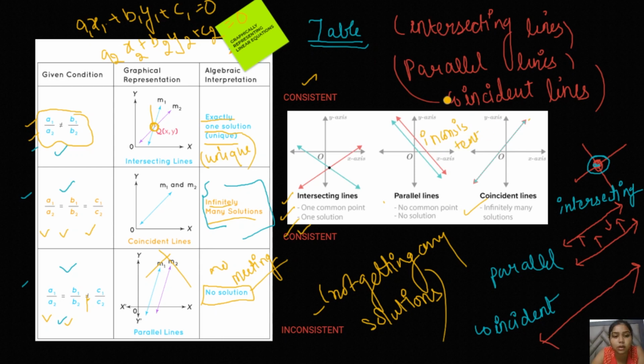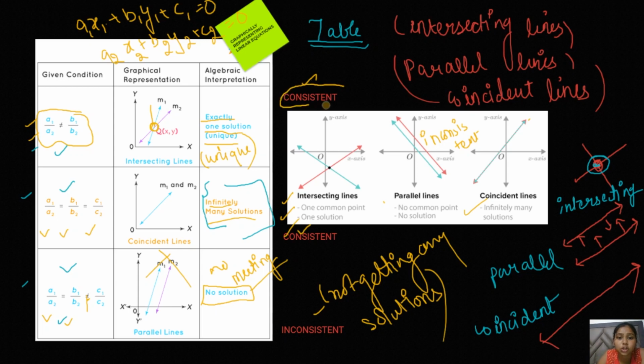I hope it is clear from this table. That is why I prepared a pictorial table here, so you don't have to worry, you will be getting the PDF notes of this particular video. You can easily copy down this table, or this table is also mentioned in your NCERT. But please do not forget to mention this thing.